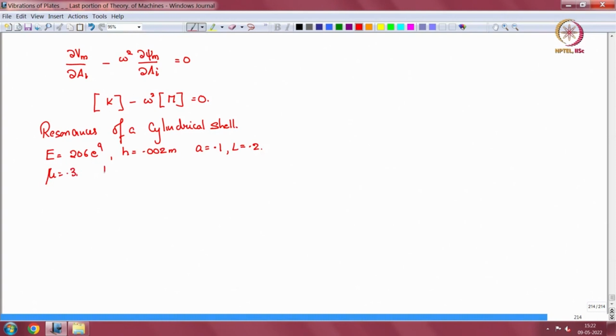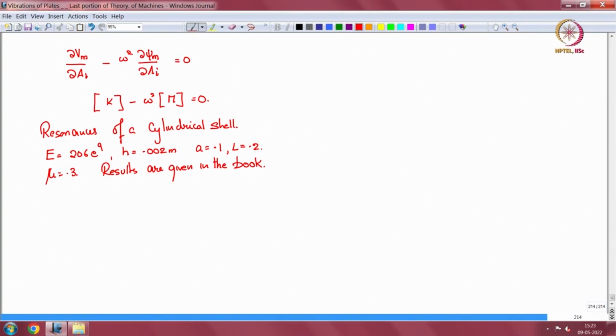Results are given in the book by Soedel, along with actual formulas for quote unquote exact values. The third order polynomial is solved, and those values are also given, so you can compare with your Rayleigh Ritz method.